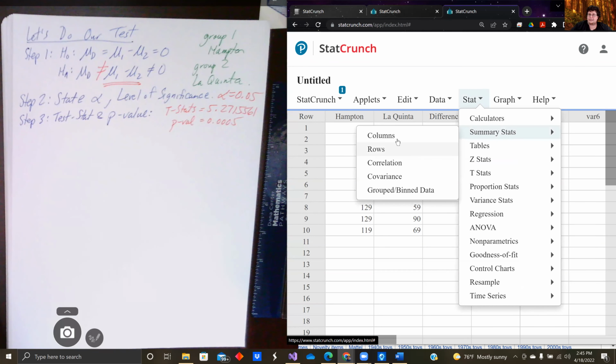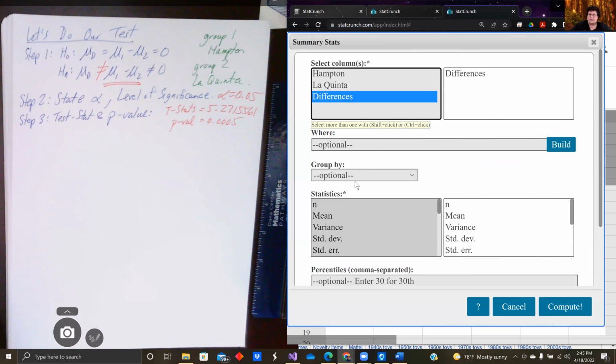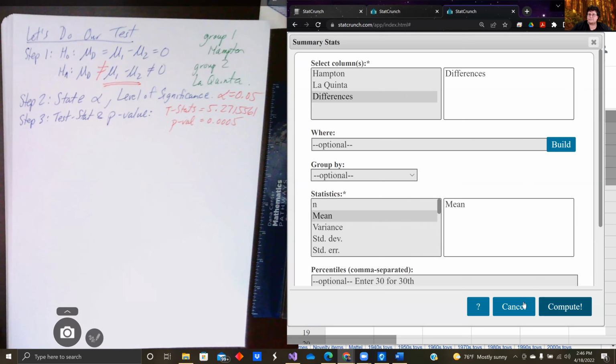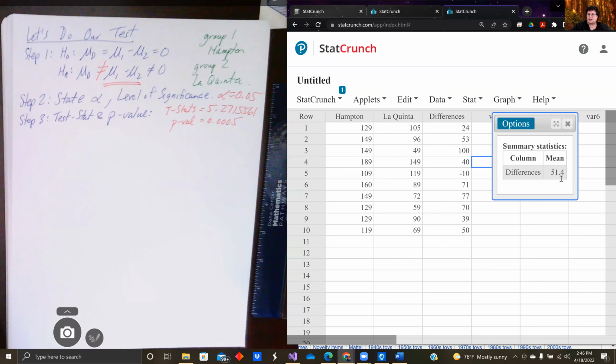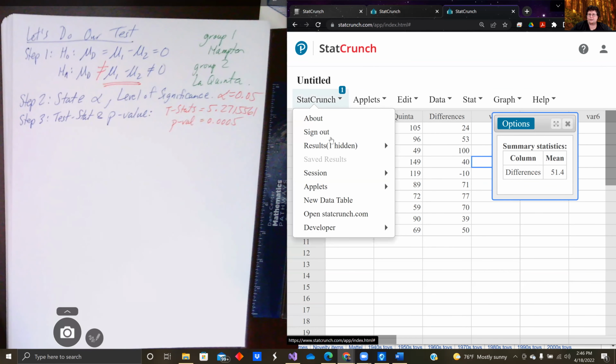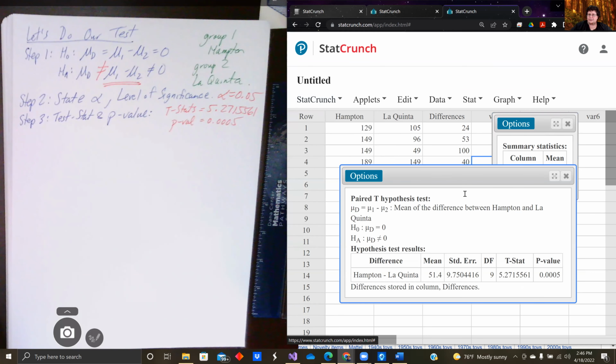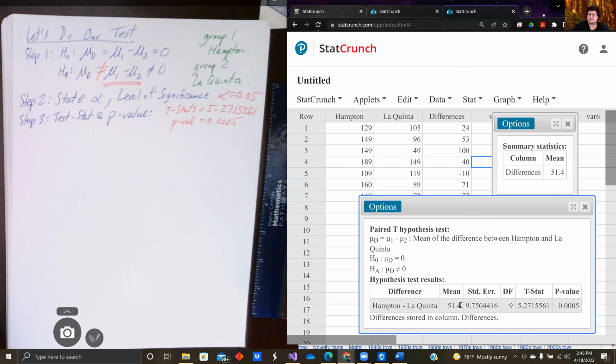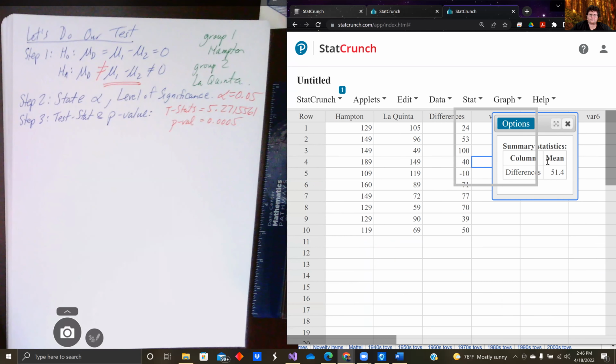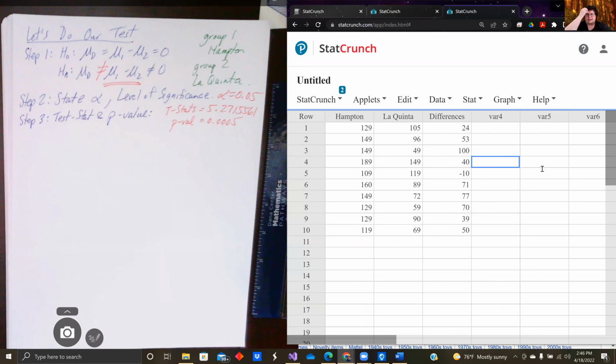What is the mean of that column? The mean of that column is the 51.4 we saw in the paired test right here. So that's how they're going about doing it. That's just for a little bit of insight in how they're comparing them. They find the difference between the two.